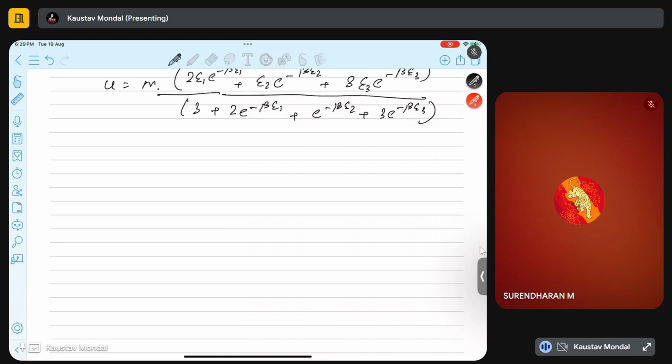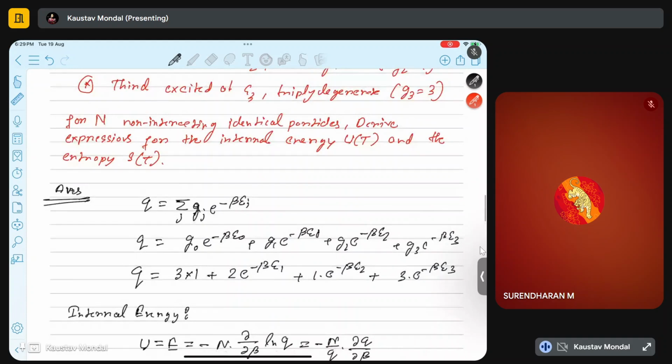So this is basically the expression of the internal energy of the system. Okay. So first we have derived the internal energy of the system.